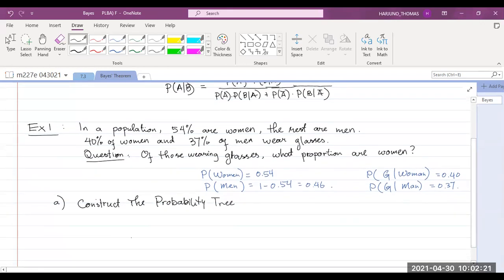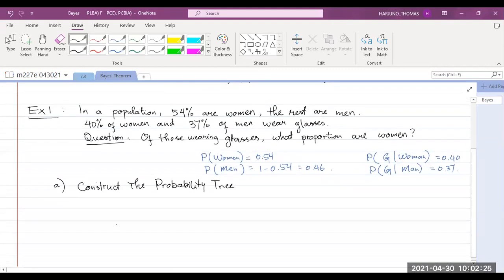We'll construct the probability tree. Just like you see in my lectures and videos, every time you construct a probability tree, the event is written at the end of the branch.